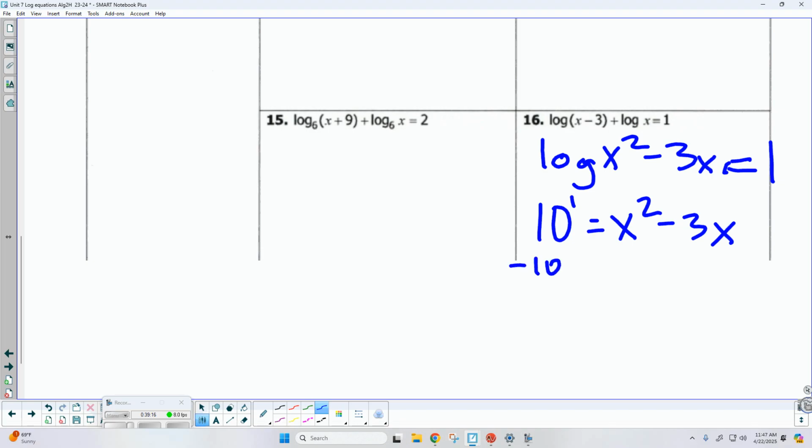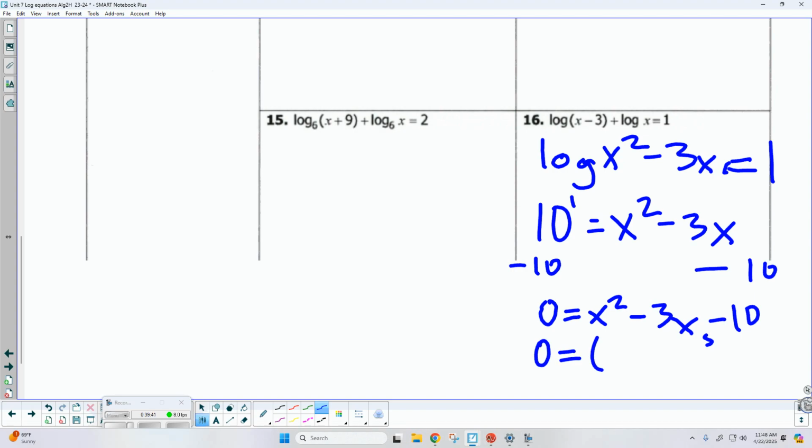Everybody's okay with what she's got so far? Okay, so let's see here. 0 equals x squared minus 3x minus 10. Okay. So what 2 numbers will multiply to give me negative 10, but also add to give me negative 3? Okay, so x minus 5 times x plus 2.